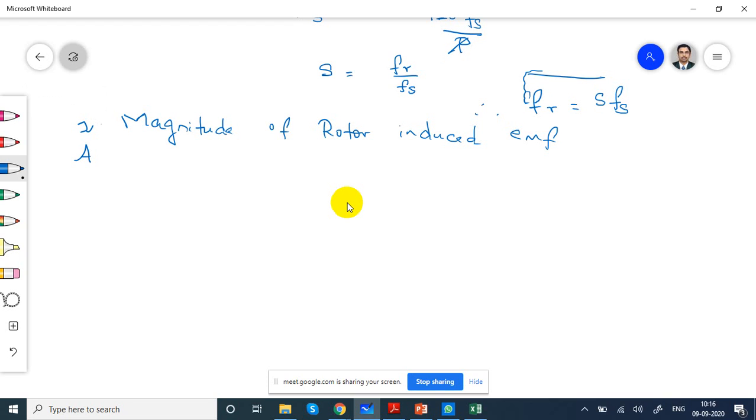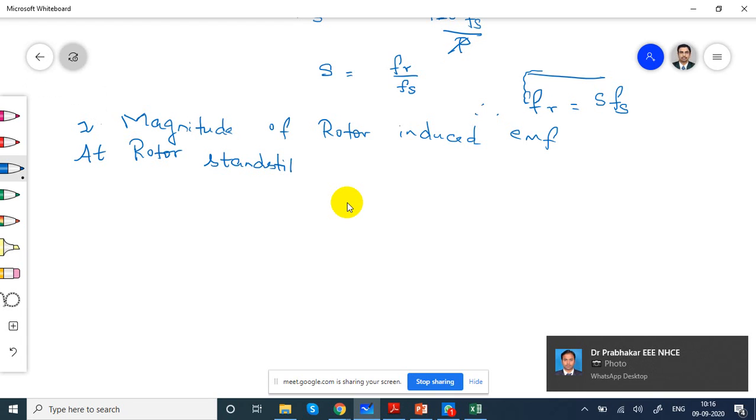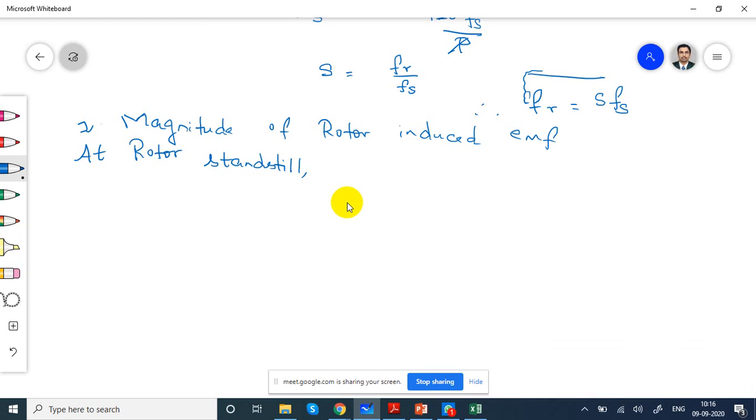At rotor in standstill, the synchronous speed Ns is directly proportional to rotor induced EMF.